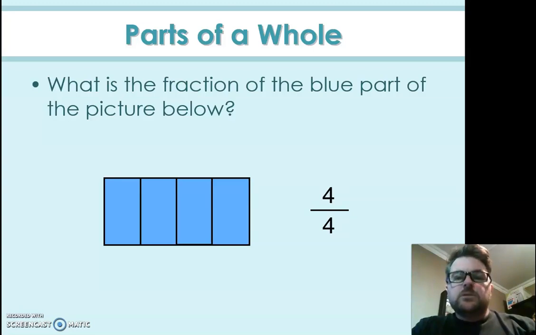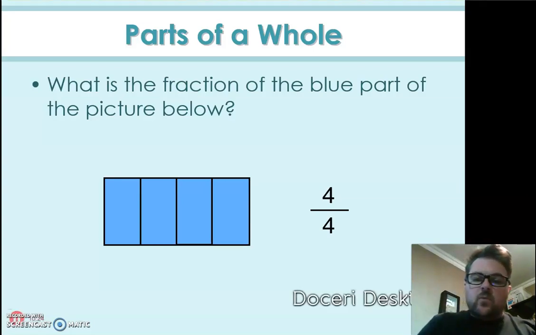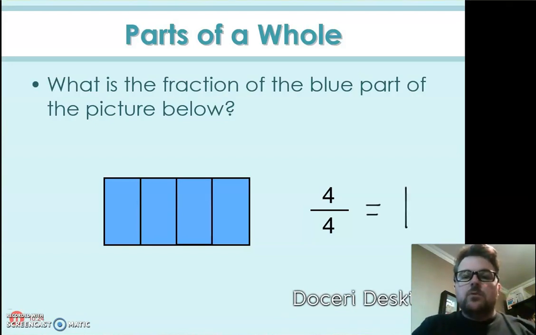And 4/4, if we write that as a simplified fraction, we never ever say 4/4 or 3/3 or 2/2 or 6/6. We always say that is equal to 1 whole. Okay, it's a whole shape.